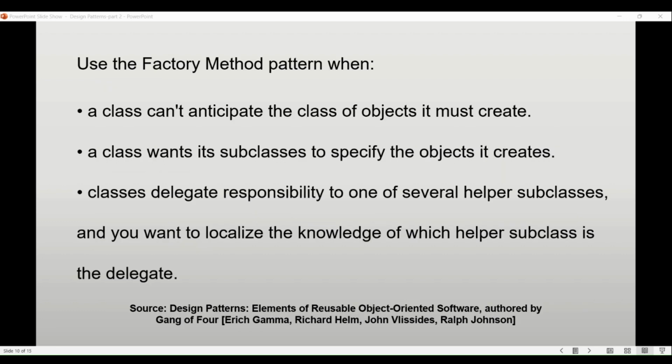So we use the factory method pattern when a class can't anticipate the class of objects it must create. But then you can say that's what the simple factory method pattern is. So we use the factory method pattern in a particular case, which is the second point, when a class wants its subclasses to specify the objects it creates.